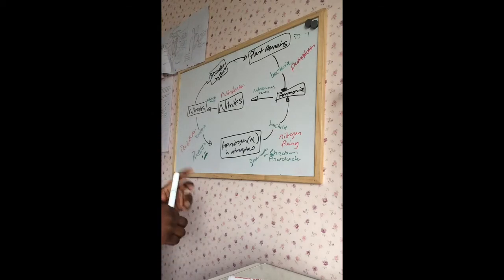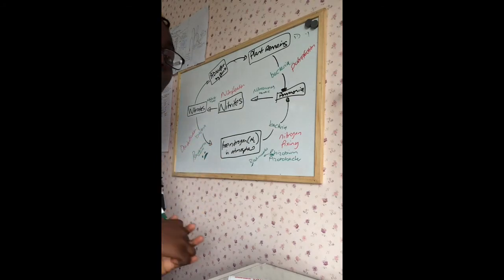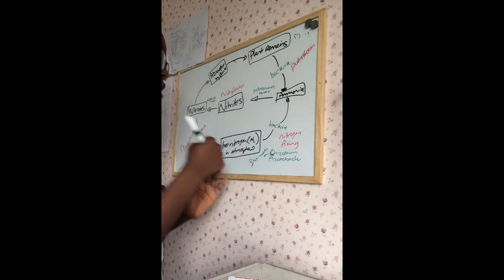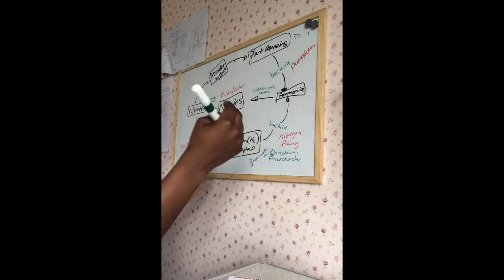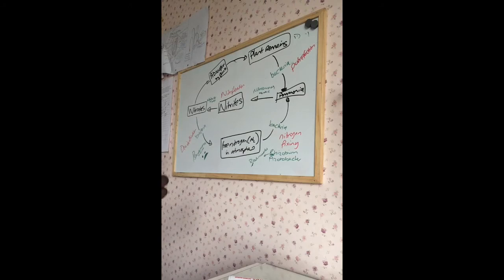Nitrogen fixation directly produces ammonia, so it's a quicker way of converting the nitrogen in the atmosphere to nitrates.